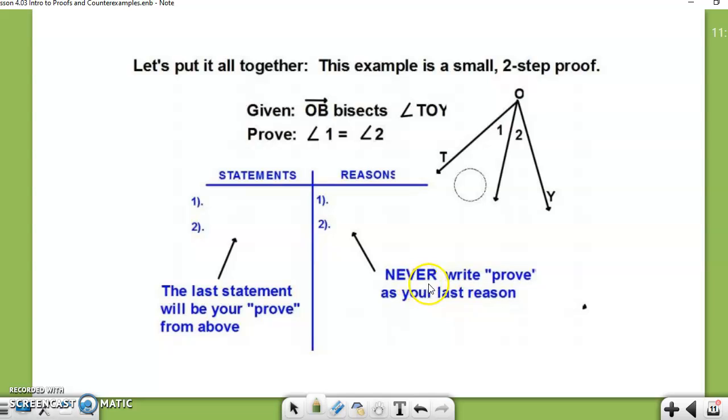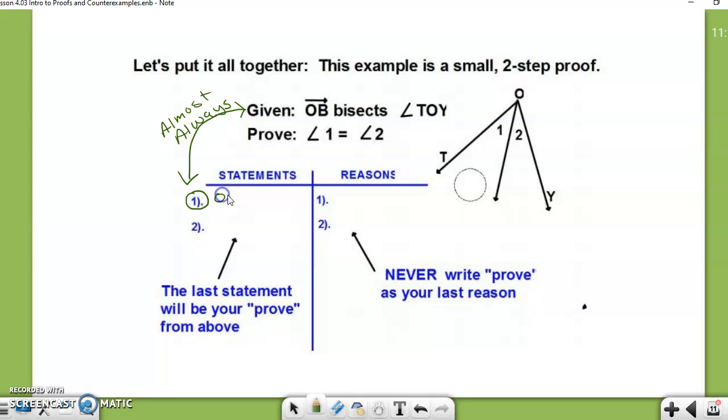So let's put it all together and look at a couple of little proofs. Now, your first statement, number 1, is almost always your given. The thing of it is you may be given more than one statement, and it's okay to have the given broken up throughout your proof, or you can list it all at first.